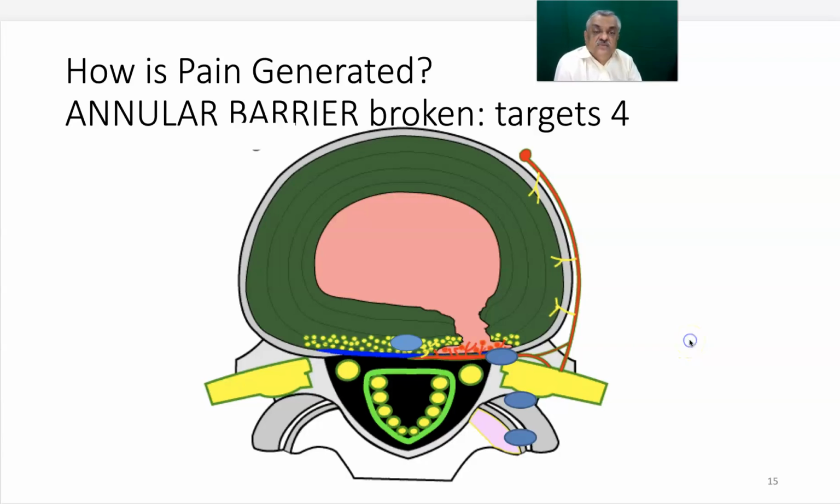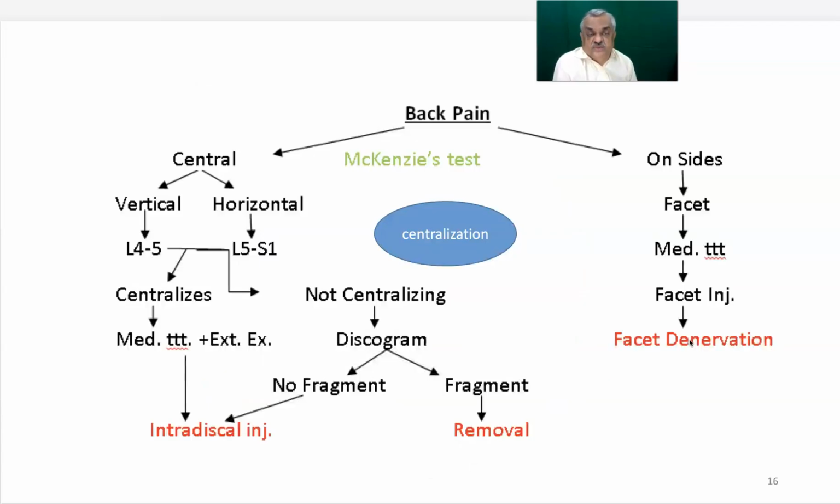Now, when we look at these 4 targets, we must remember that inflammation has to be present. Otherwise, only the changes do not give any issue. In case of back pain, what we do is essentially the Mackenzie's test.